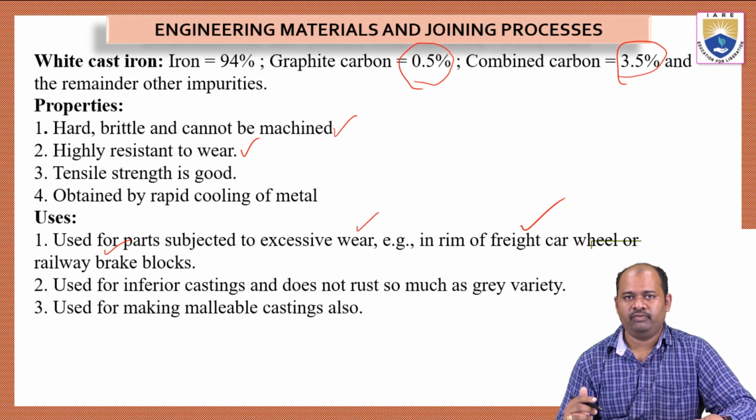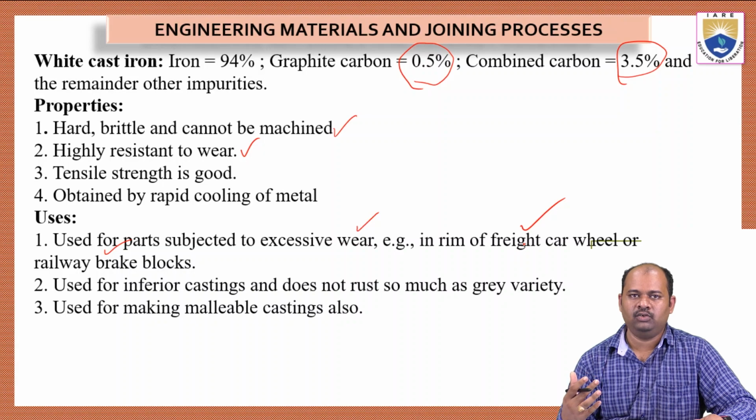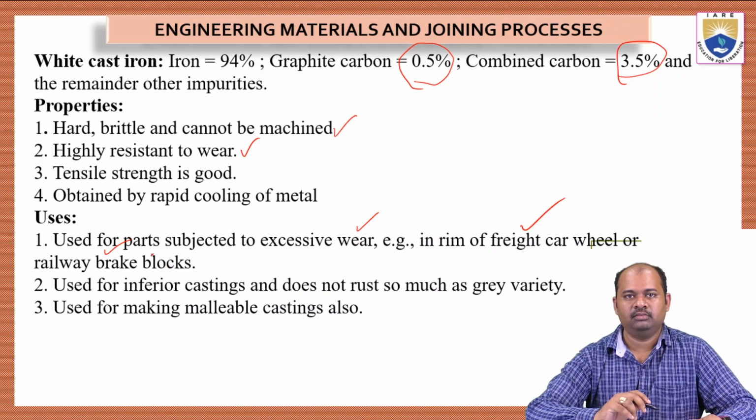Some examples of applications of white cast iron are the rim of the freight car, which is the car wheel made of white cast iron, and wheels and brake blocks of railways.